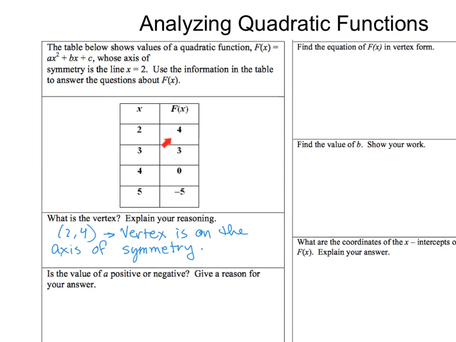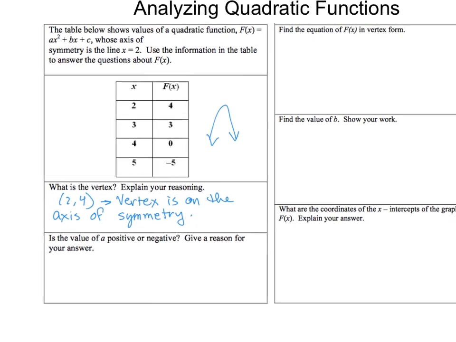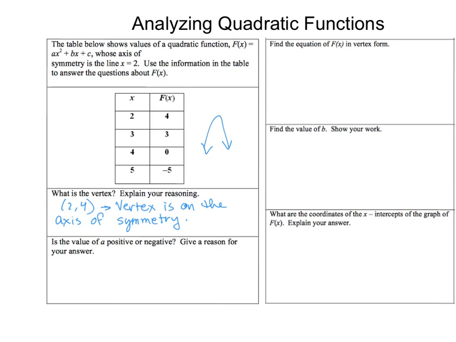Therefore, my parabola must open downwards because that is a maximum. If you can imagine, your y value will hit a maximum value at the vertex when it opens down. So a must be negative.